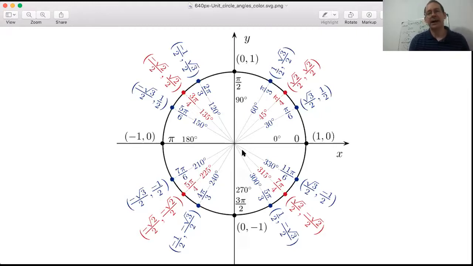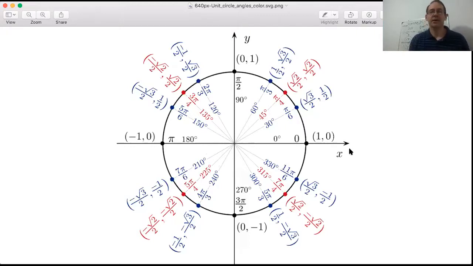If you're going by 60s, 1/3. So 120 would be 2/3. 180 would be 3/3. Then another 60, 240 is 4/3. Then 300, 5/3. And then to 360, 6/3, which is 2 pi.